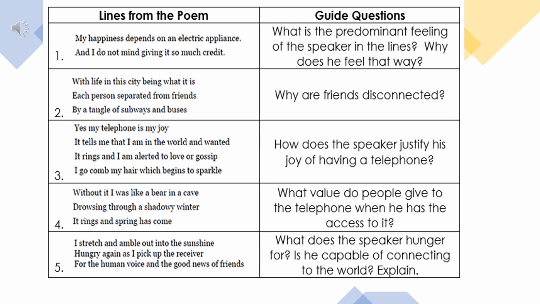Even though the friends are really far, with the existence of the telephone, the speaker has made himself fully aware of what's going on around him and the updates on the lives of his friends. So indeed, through the telephone, the speaker is connected to the world. Okay, so that's for the answering of the guide questions dealing with the poem, The Telephone.